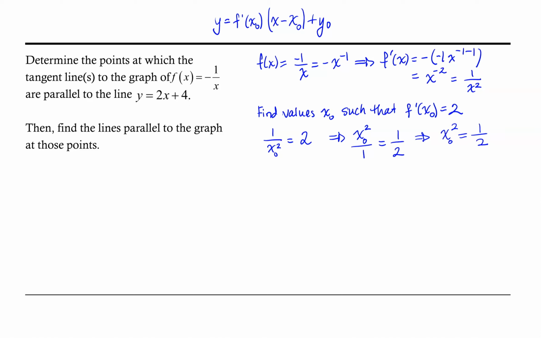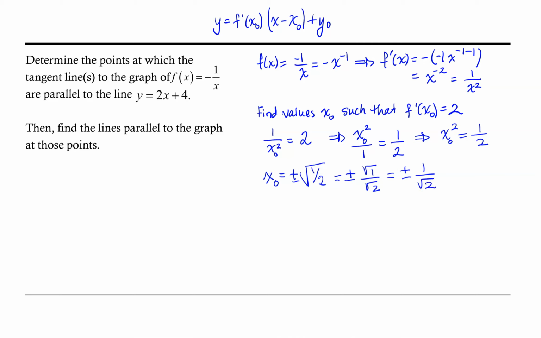So now, if we take the square root of both sides of that equation, we end up with x naught equaling plus or minus the square root of 1/2, which is equal to plus or minus the square root of 1 over the square root of 2, which is equal to plus or minus 1 over the square root of 2.